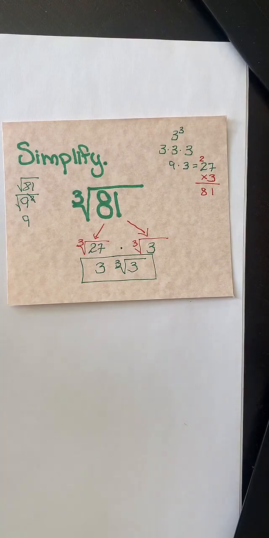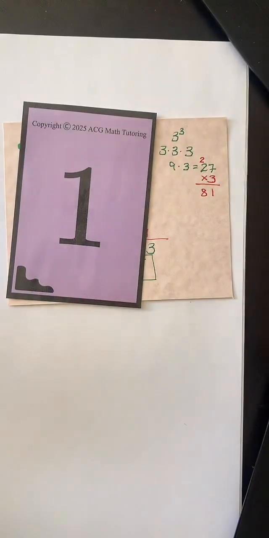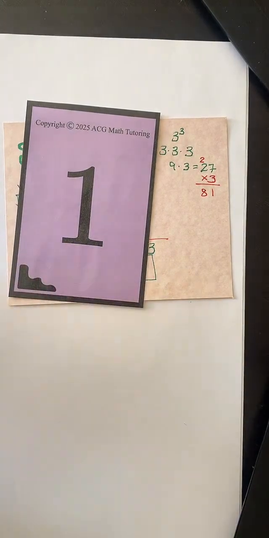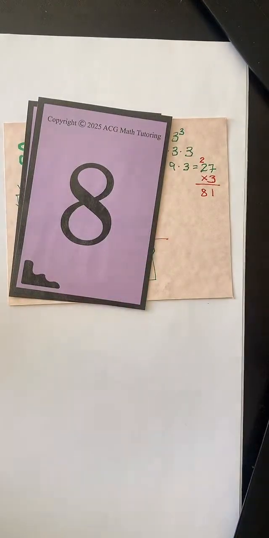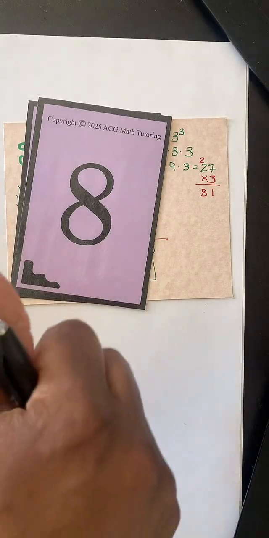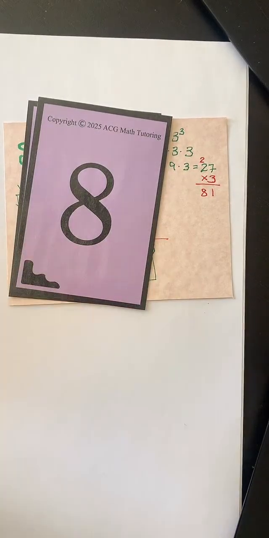So, I think I have it for you. My perfect cubes: 1 is a perfect cube, because 1 times 1 times 1 gives me 1. 8 is a perfect cube because 2 times 2 times 2 gives me 8.